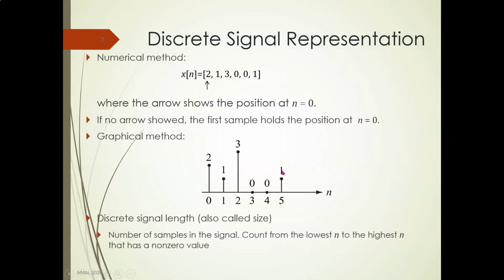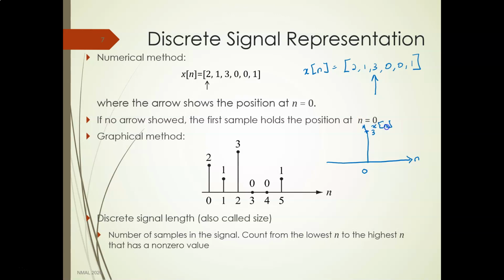So what happens if you have x[n] with the same numbers, 2 1 3 0 0 1, but for this example you have the arrow here? It means that when you plot, at n equal to 0, the value of the signal or the amplitude is 3.